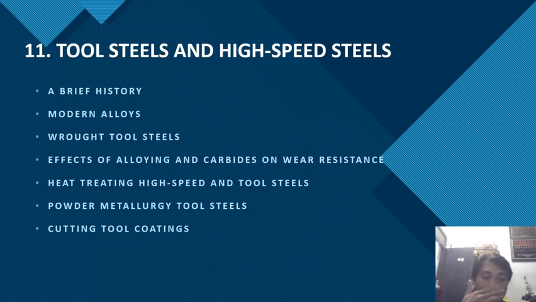And in this chapter, we have 7 sub-chapters: a brief history, modern alloy, work tool steel, effect of alloying and carbides on wear resistance, heat treating high speed and tool steel, and powder metallurgy tool steel and cutting tool coating.